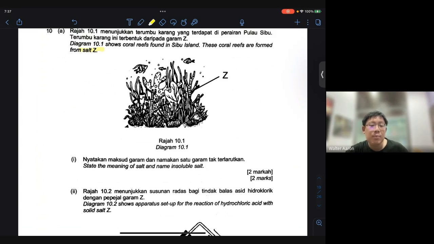So salt is a compound formed when a hydrogen ion from an acid is replaced with a metal ion.